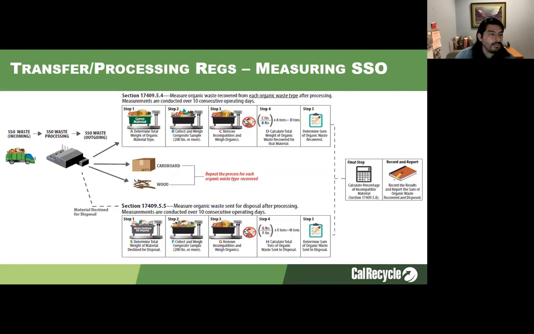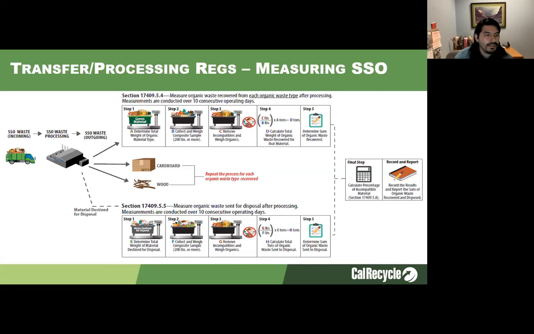Okay, so Marcus covered the measurements for MO, the mixed waste organic stream. Now I'm going to cover the measurements for SSO, the source separated organic stream. This is an infographic which shows a transfer processor receiving source separated organic waste.